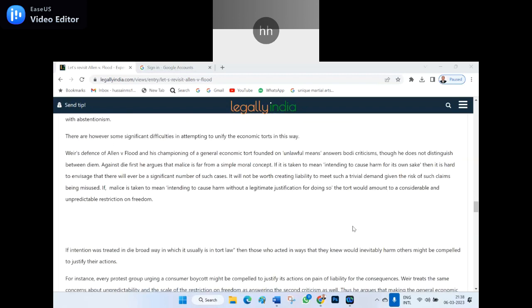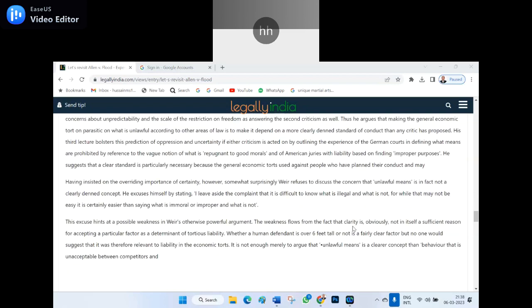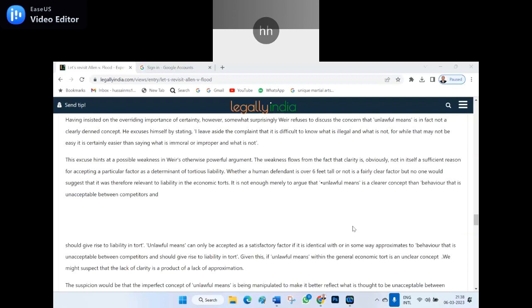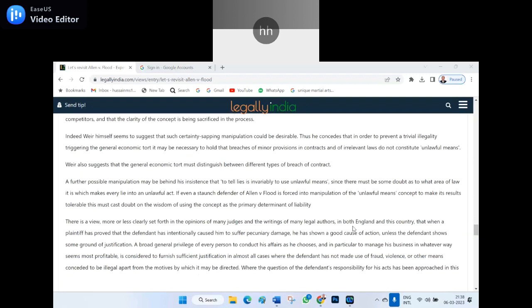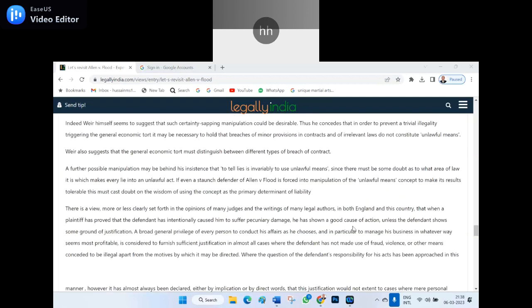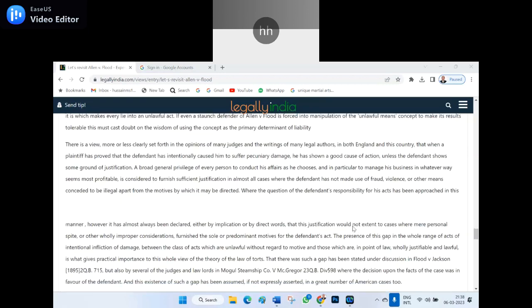See, here I did not find any case law, because at least two or three case laws you have to cite to support your stand, and that is the reason I told you to read the original case law so that you could know what cases are there.